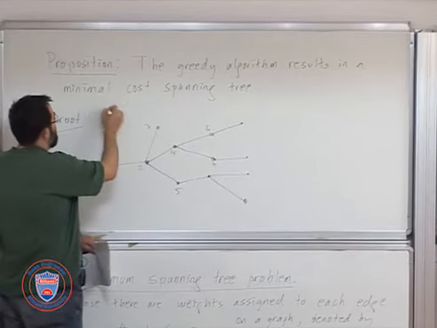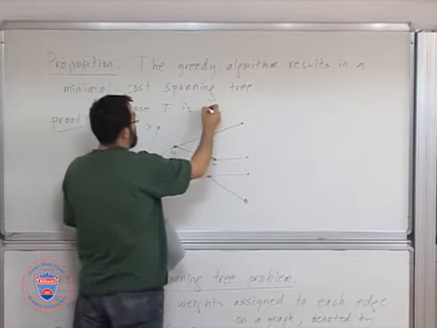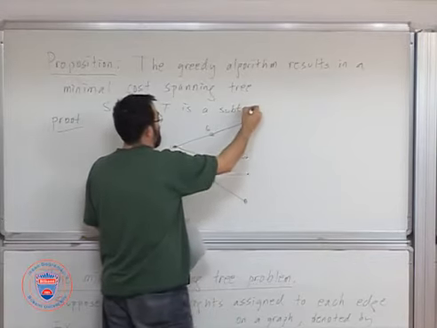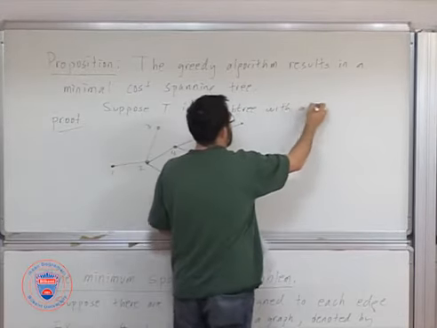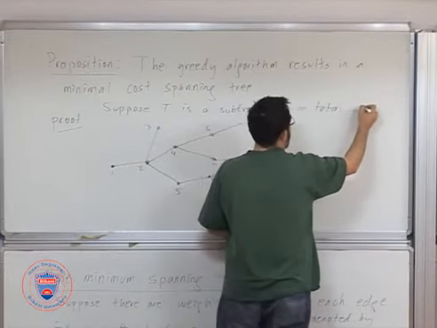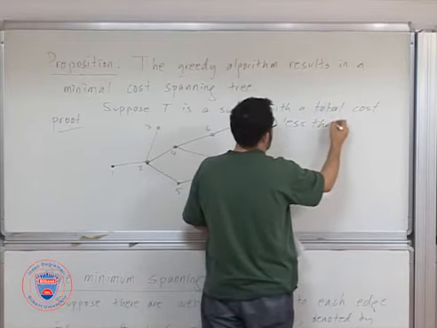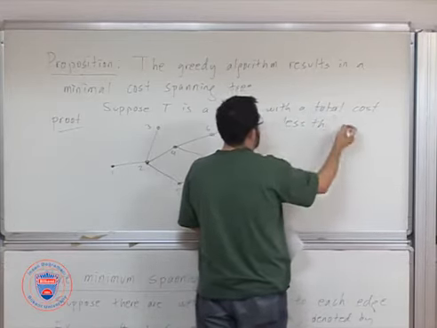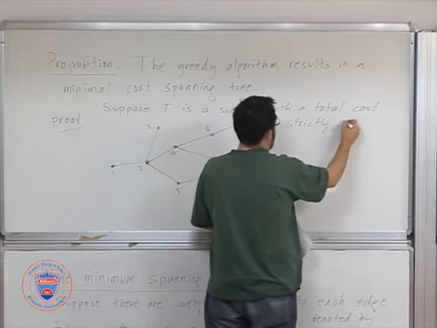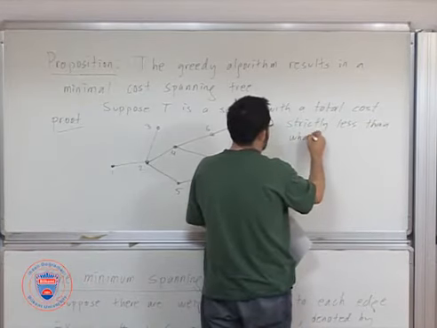So we can suppose that T is a subtree with a total cost strictly less than what the greedy algorithm gives.